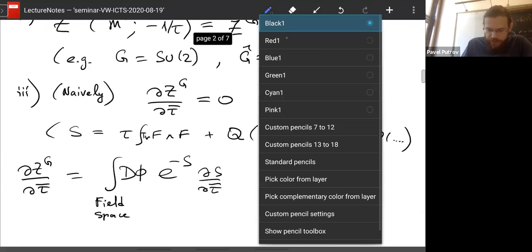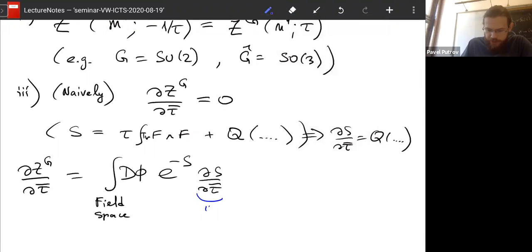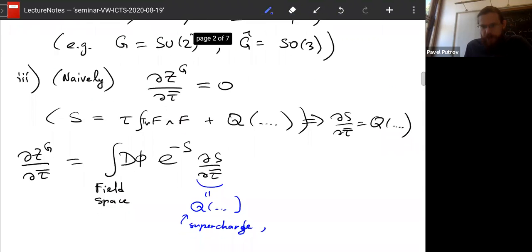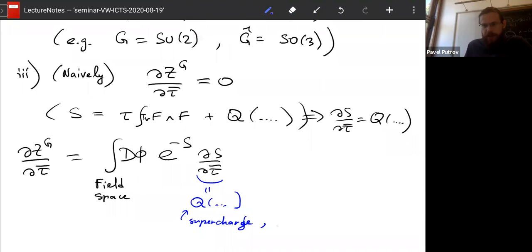But this is Q of something, and Q here is a supercharge, which, as any symmetry, can be understood as a derivation in the space of fields.